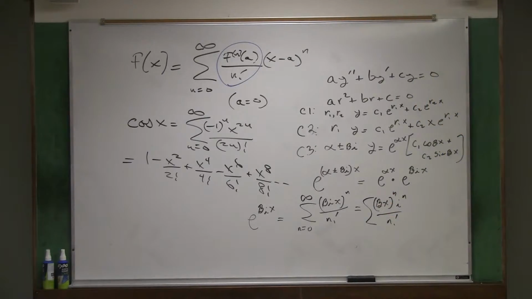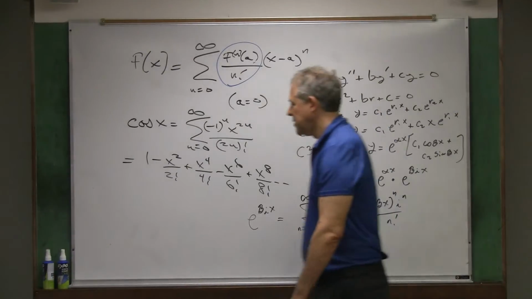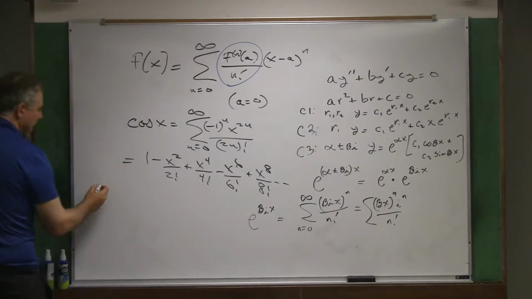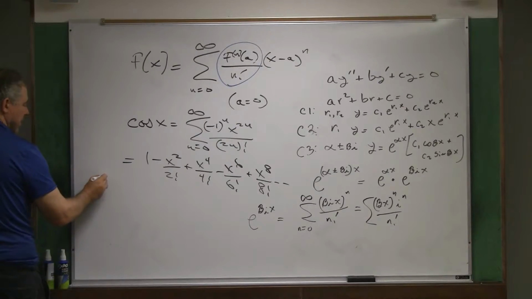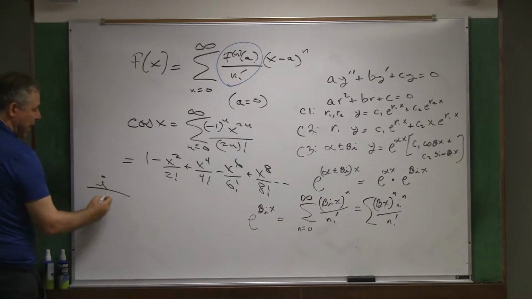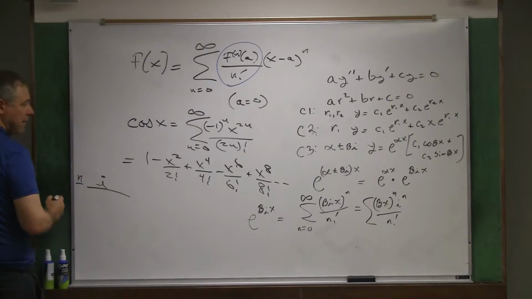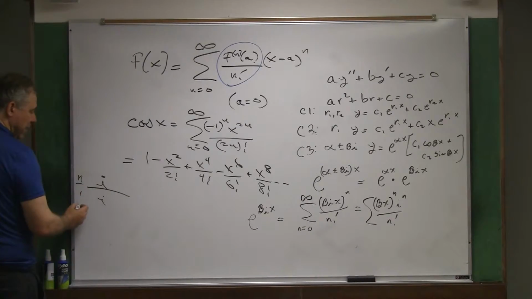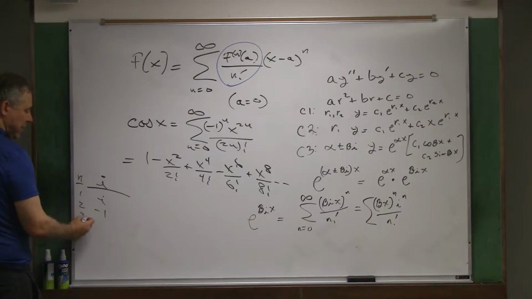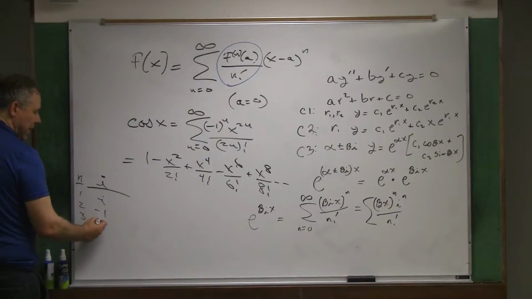Now, what happens with i to the n? Let's look at what i to the n does. Here's your n column. So i to the 1 is just going to be i. When it's 2, it's going to be -1. And when it's 3, it's going to be minus i.